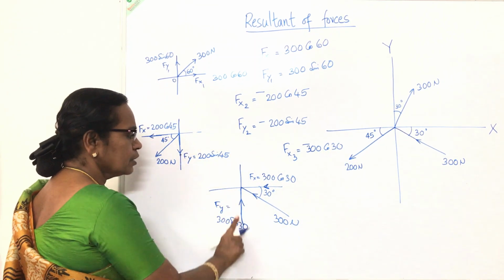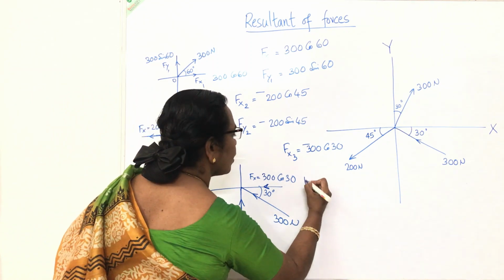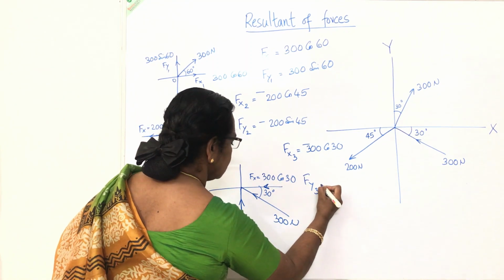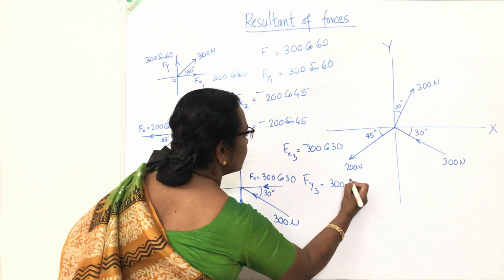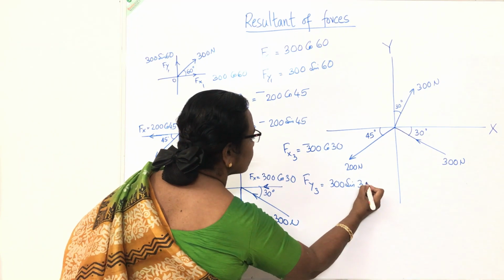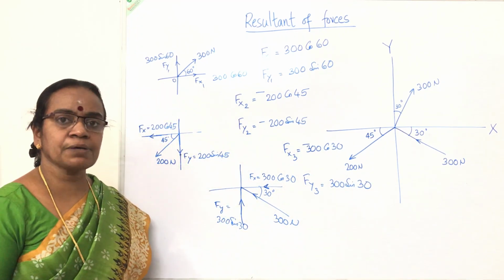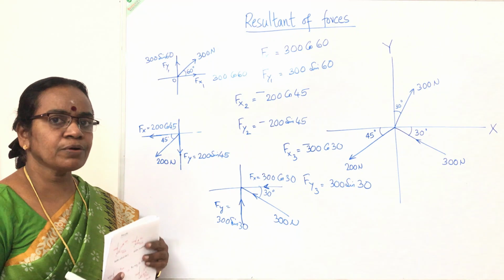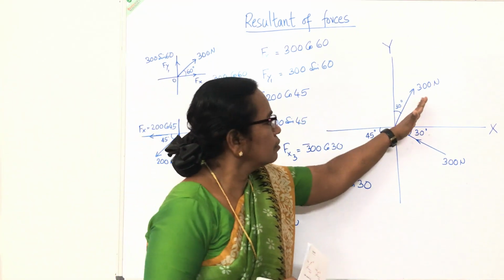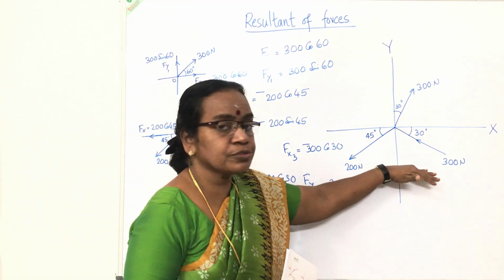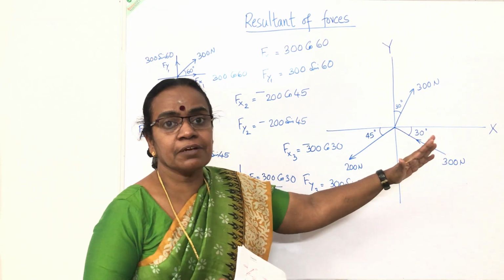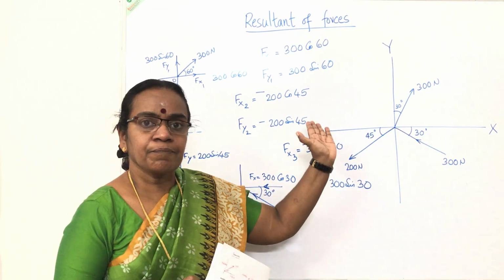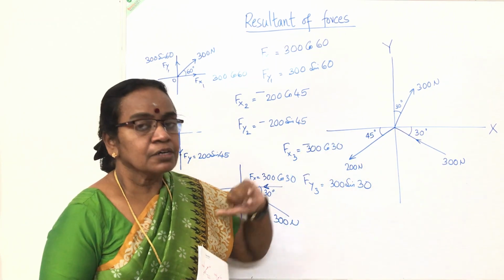This Fy component is up, so Fy component is 300 sin 30. Okay, the first step is over. We have resolved force 1, force 2 and force 3 into their respective x and y components.